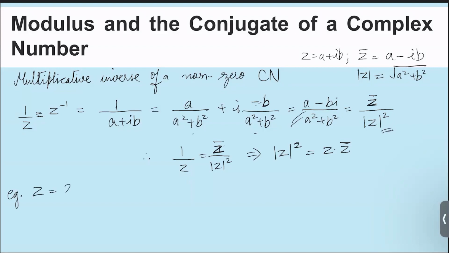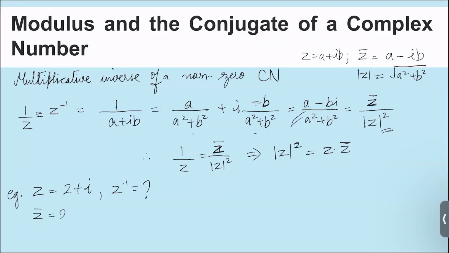Your z is equal to 2 plus i. What is your z inverse? We will first find the conjugate of z, so that is 2 minus i. Find the modulus of z, so that is 2 square, 4, plus 1, which is root 5. And if you take the square of the modulus, you get 5.